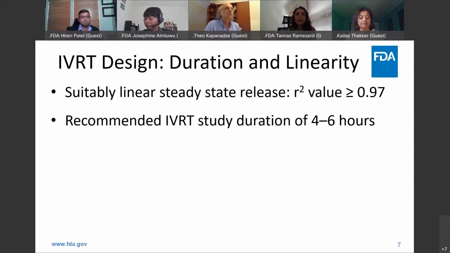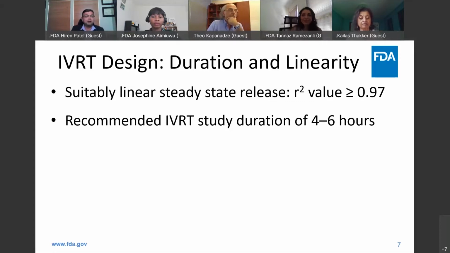So if one observes a high release in the first 1 or 2 hours, do you recommend them to redevelop their IVRT method and not submit a 2-hour IVRT study? It depends how much effort was made to develop that method. Say you are using an immersion cell with, for example, 100% DMS as the receptor solution. I mean, this is the worst case scenario, not an actual scenario.